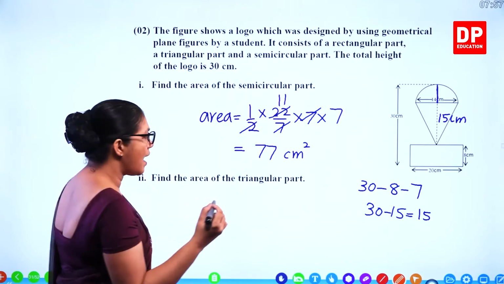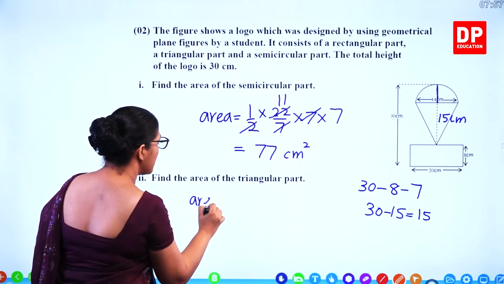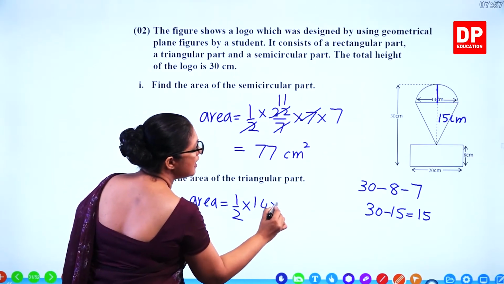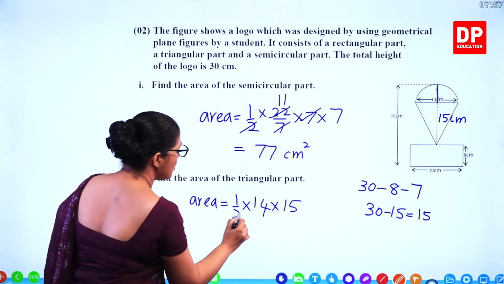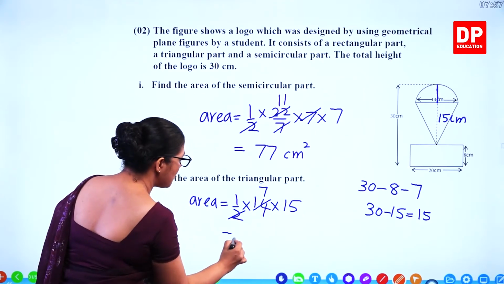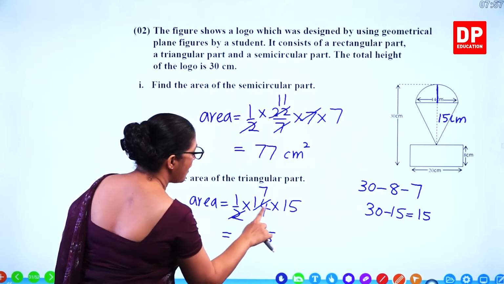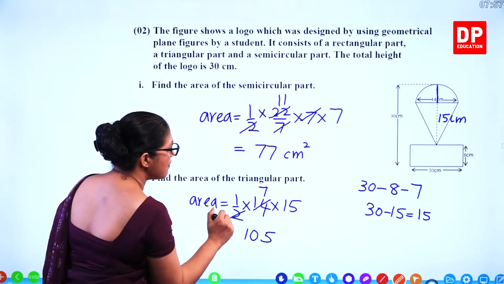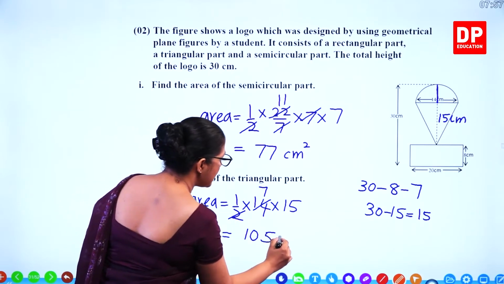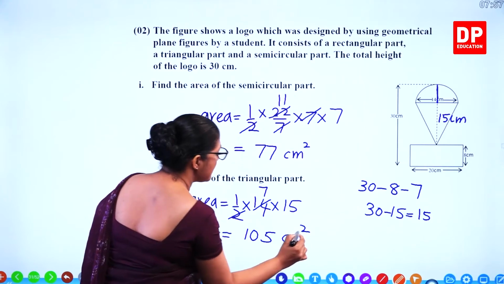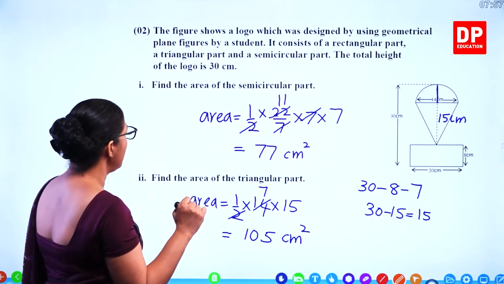So, what's the area? Area becomes half into base 14 into height 15. 2 times 7, 7 times 15. 105. 7 times 5, 35. 7 times 1, 7 plus 3, 10. 105 square centimeters is the area here.